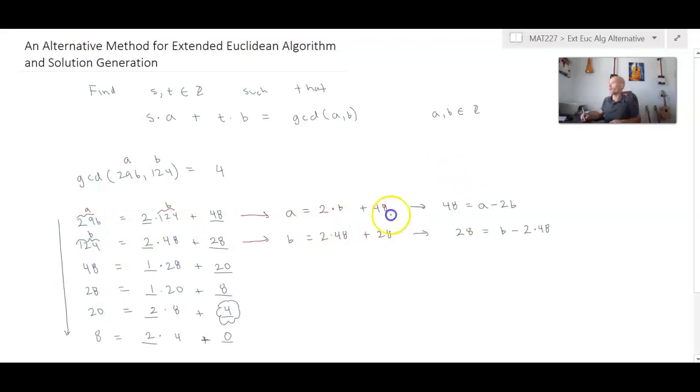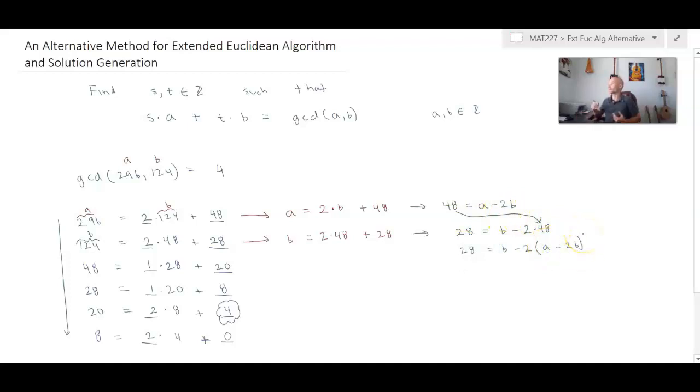All right. So then the second step is let's solve for the remainder in the first two lines. And now we're going to do forward substitution. So in other words, notice that 48 I can express in terms of A and B. Okay. So this means that 28 is equal to B minus 2 times the quantity A minus 2B.